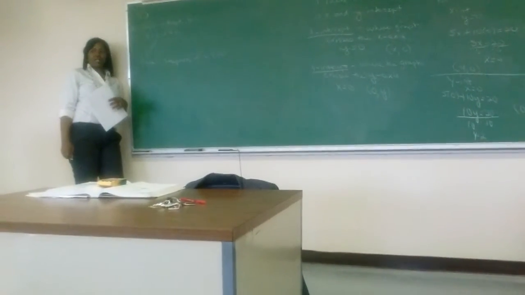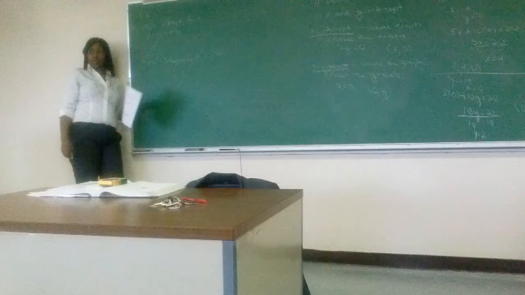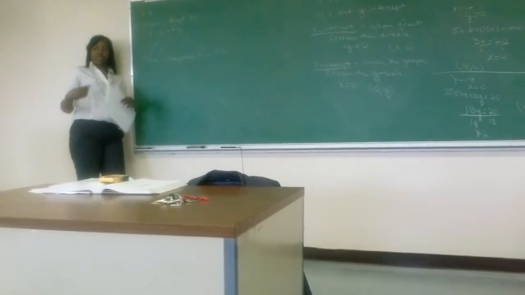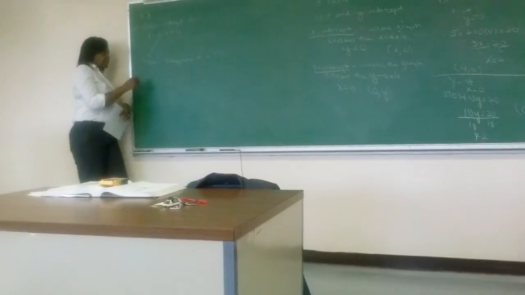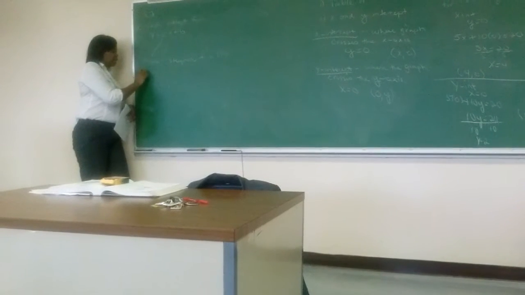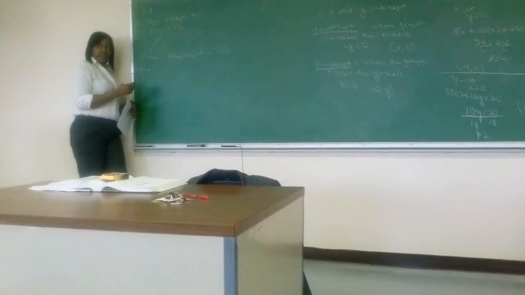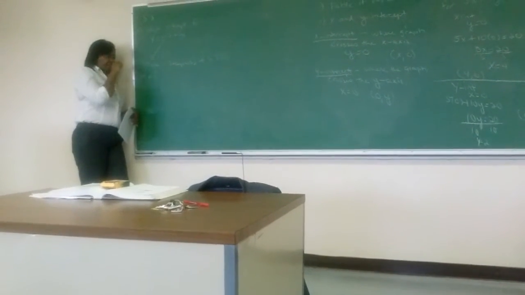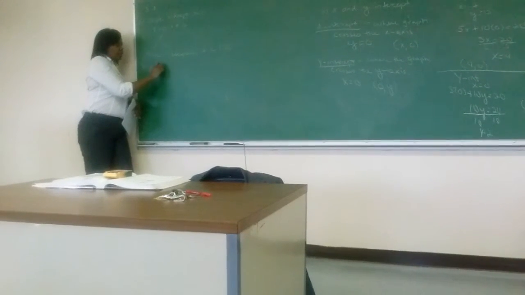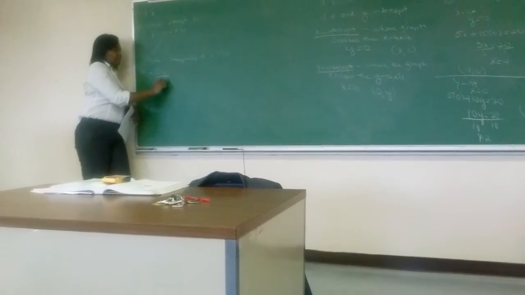Now, we're understanding that the slope has other names and words that mean the same thing. What we understand is that it talks about the steepness of a line. It's represented as m. M is the slope. It is the change of y over the change of x.